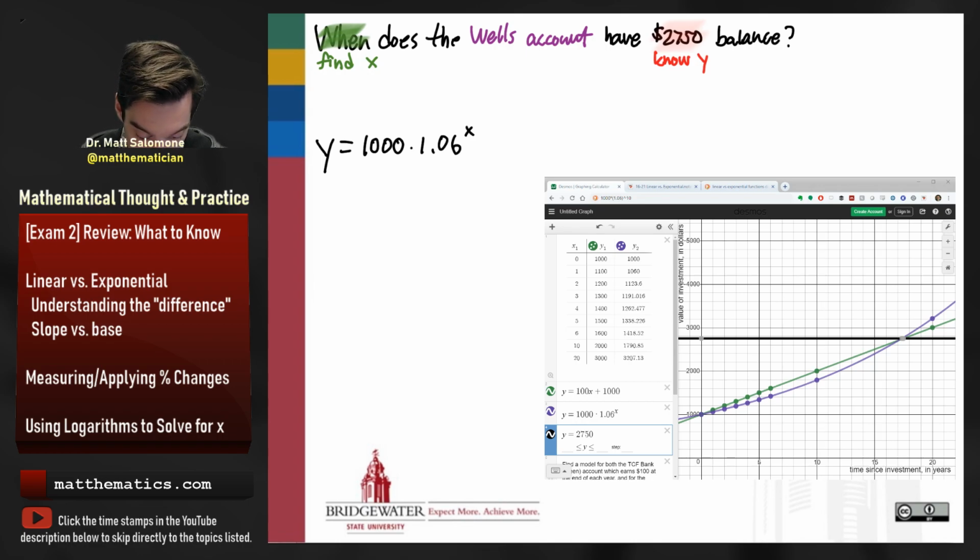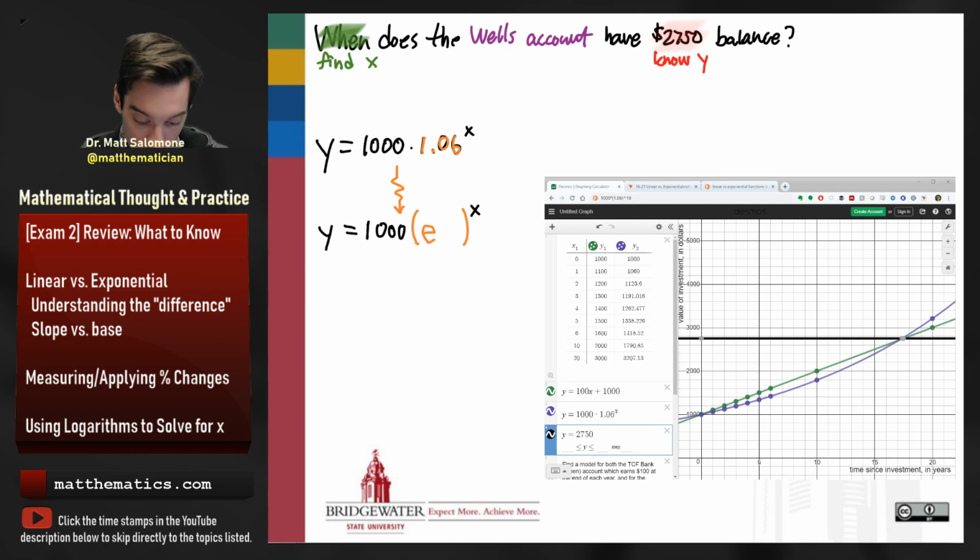What I want to do is change this equation into one that has a base of e instead of a base of 1.06. So how am I going to do that? The secret, it's not a secret really, I don't want to oversell it, is that in order to make this happen, I need to understand what power of e is equal to 1.06.